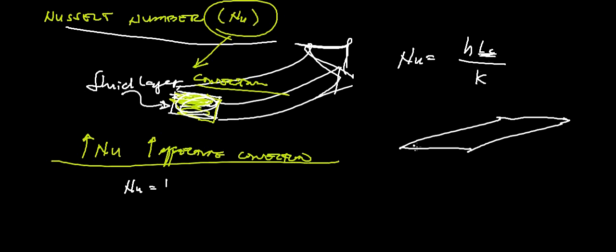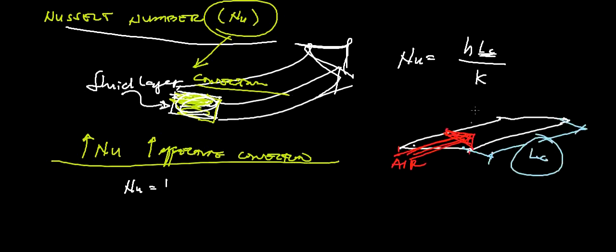So we are talking about the length here. If we have, say, this surface, and our fluid, say air, is moving around in this direction, covering this surface, then our characteristic length here is this part, from here up to here.